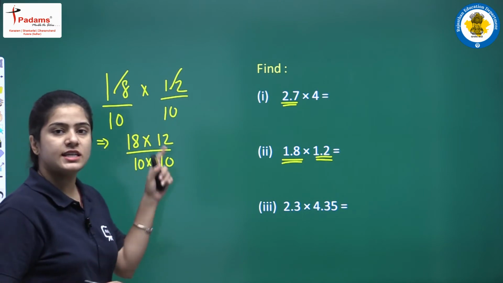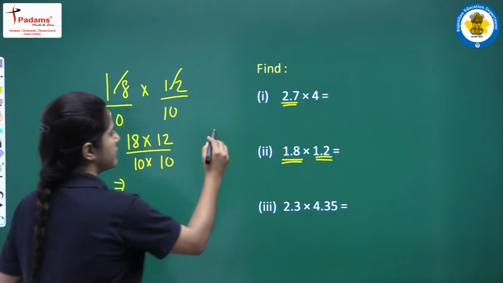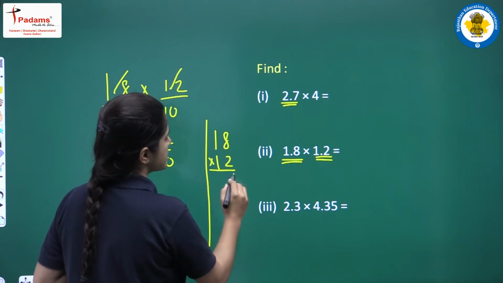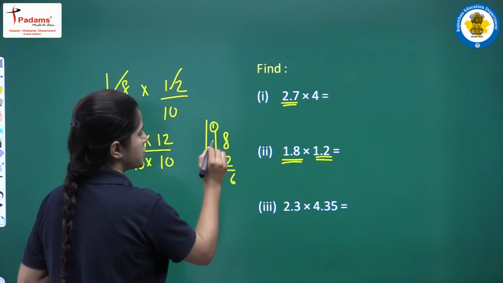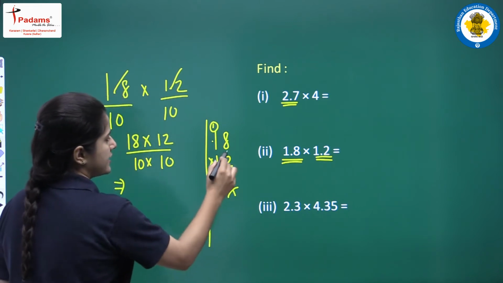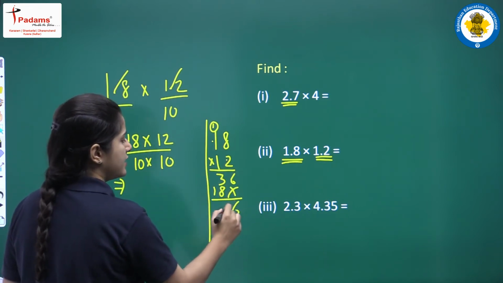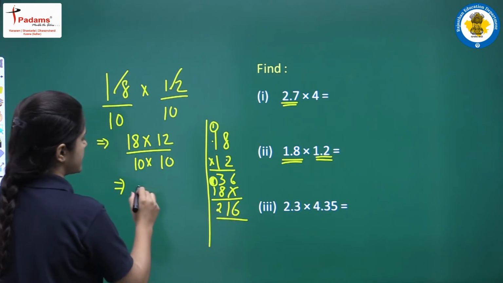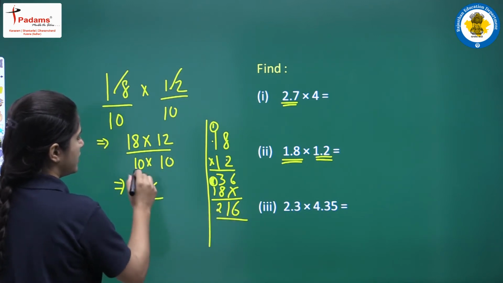So students, what is 18 into 12? We'll multiply it. 8 into 2 is equal to 16, 1 is in the carry, 2 into 1 is equal to 2, 2 plus 1 is equal to 3. So this is 216 upon 100.